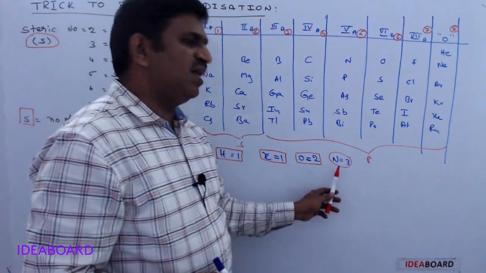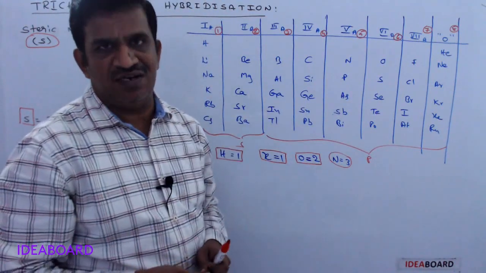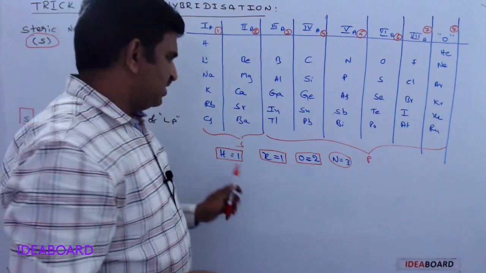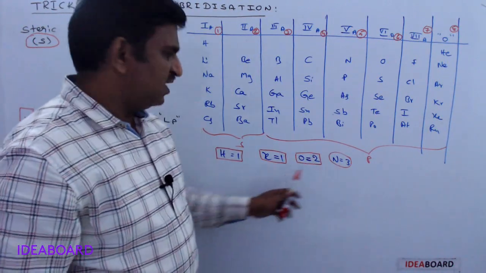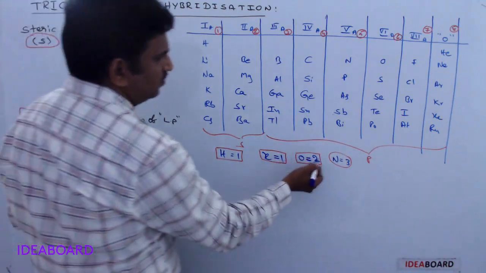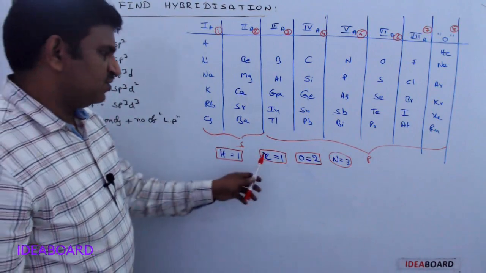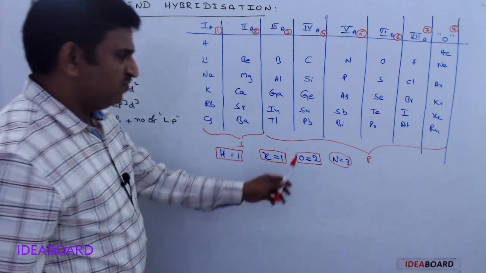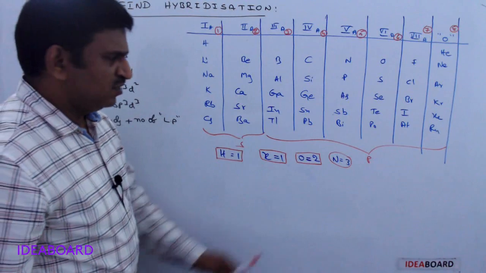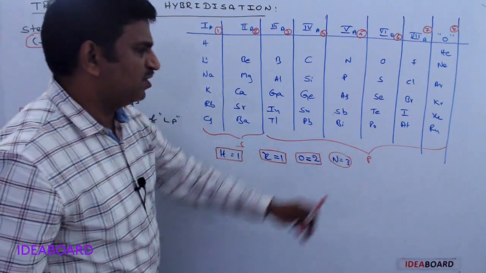If it is a terminal atom, then it can make a maximum of 3 bonds with the central atom. So these 1, 1, 2, 3 apply when hydrogen, halogen, oxygen, or nitrogen is a terminal atom; only then do they make this type of bonding.